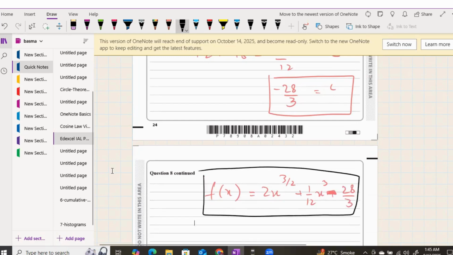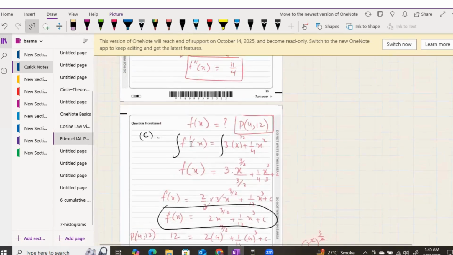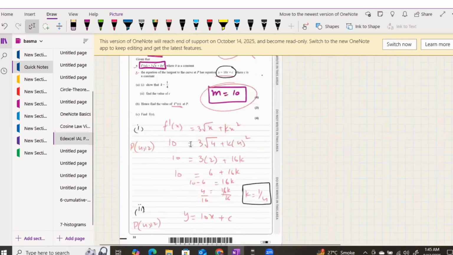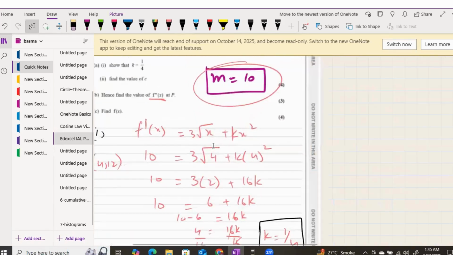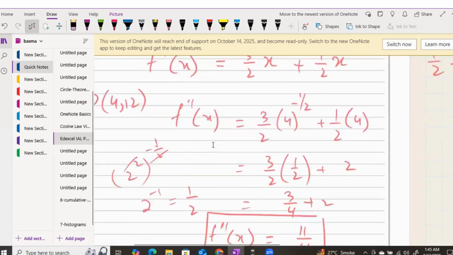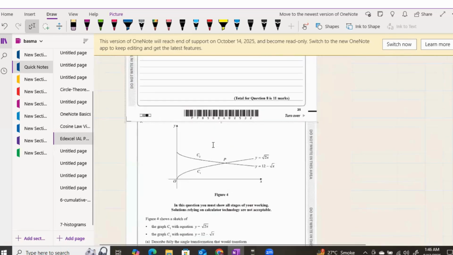Okay, and that was part C, and that is your whole question number 8, the calculus portion. Okay, now we're going to proceed to question number 9.